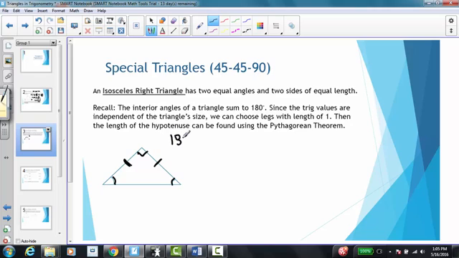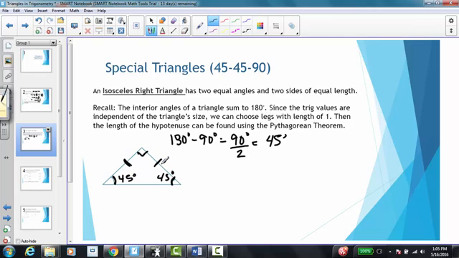So I have 180 degrees minus that right angle, which is 90 degrees, and that leaves me with 90 degrees. But I have to split this 90 degrees between these two angles that must be equal. So I need to divide 90 degrees by 2, and that leaves me with 45 degrees. So that means each one of these angles has to be 45 degrees.